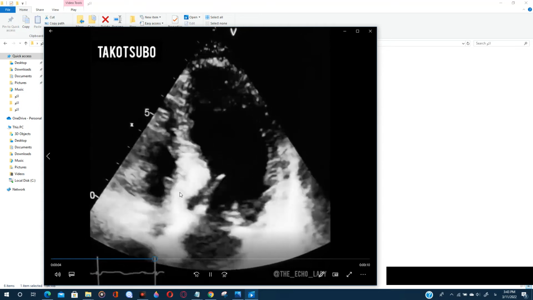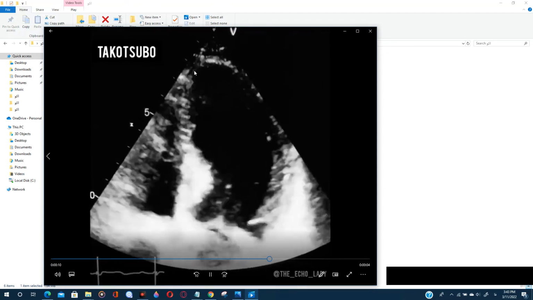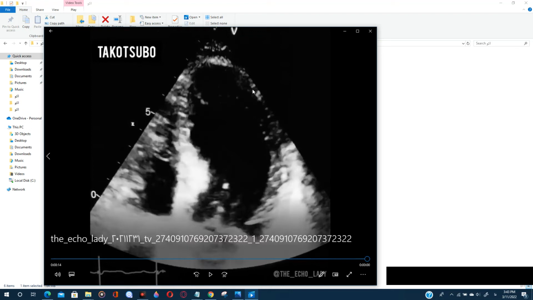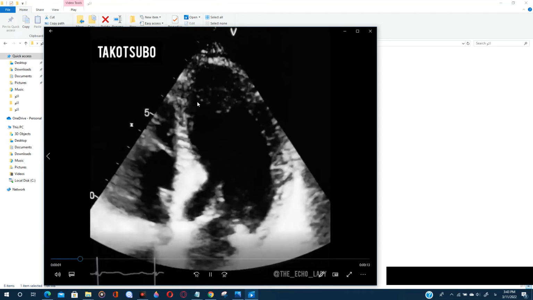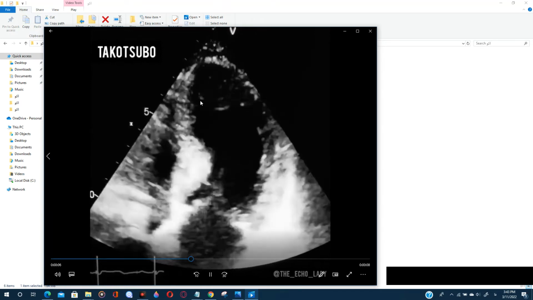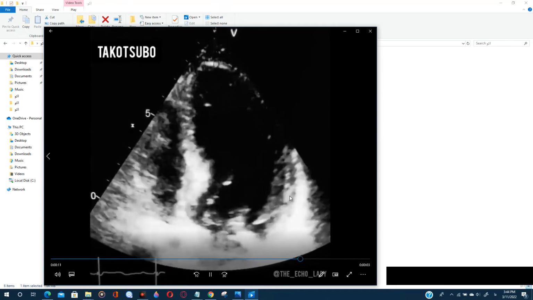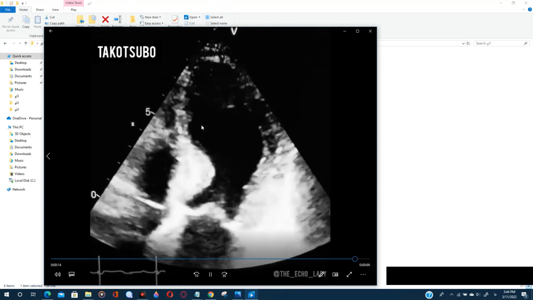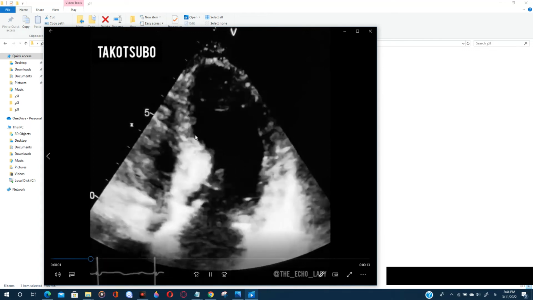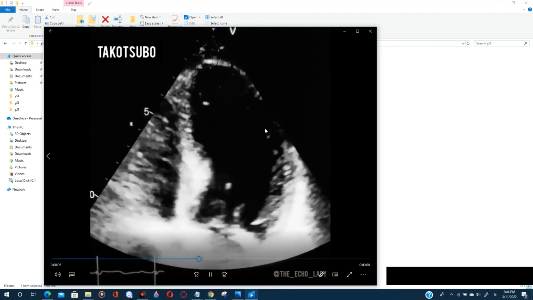We see good contraction in the base of the LV, but in the septum, apex and lateral wall we see reduced contraction. We call this hypokinesia. Hypokinesia is reduced and slow motion of the wall contraction, and this is a wall motion abnormality.